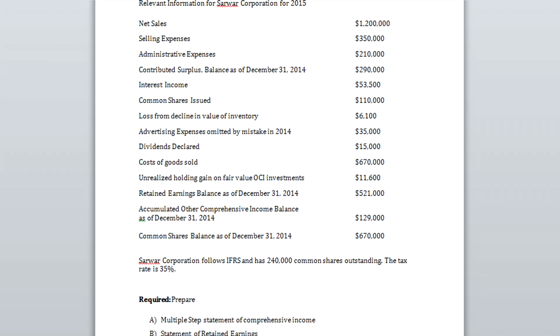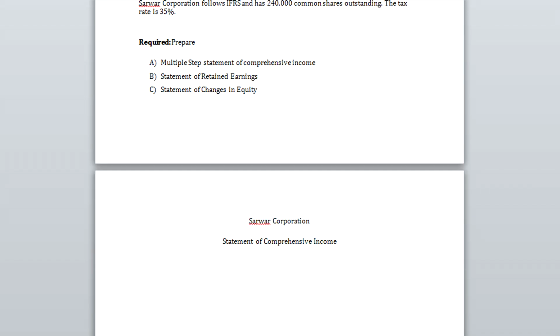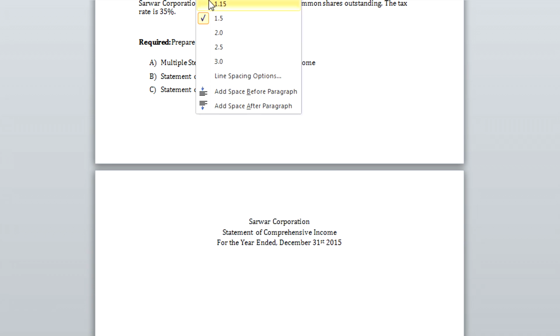So we're going to assume that it's for the year ended December 31st, 2015. So we always start with our header right there. Pretty straightforward stuff. I'm just going to tidy it up a little bit and put it together.